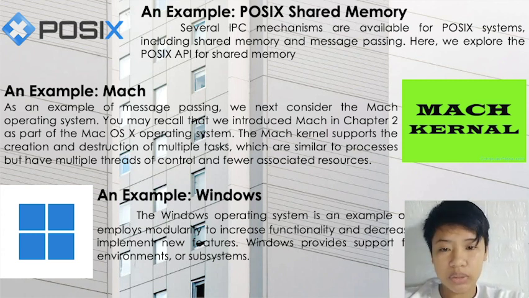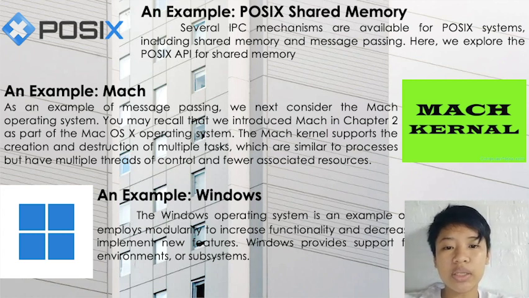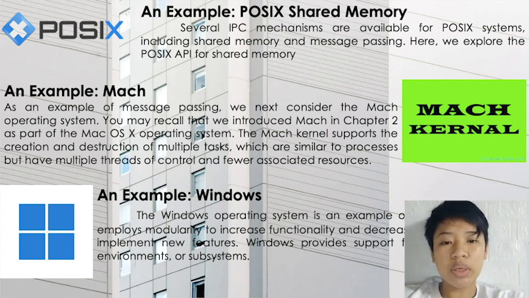An example of Windows. The Windows operating system is an example of modern design that employs modularity to increase functionality and decrease the time needed to implement new features. Windows provides support for multiple operating environments, or subsystems.